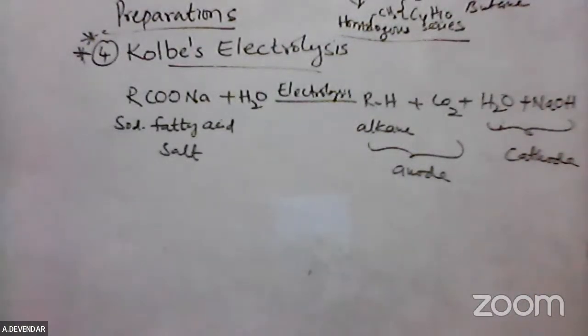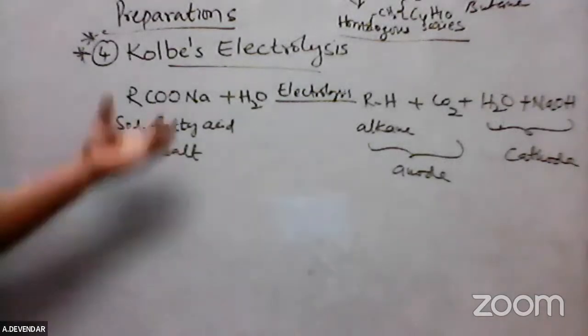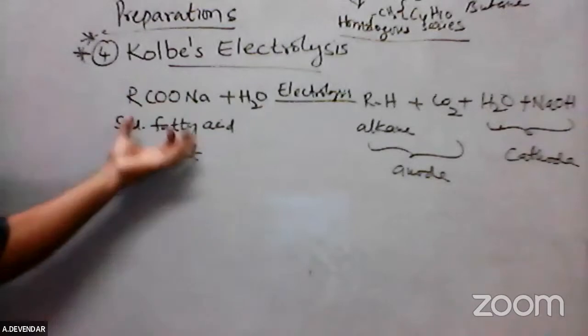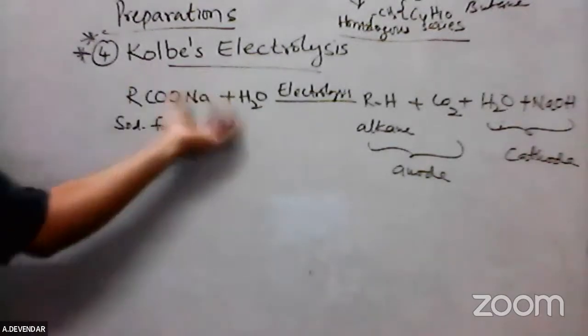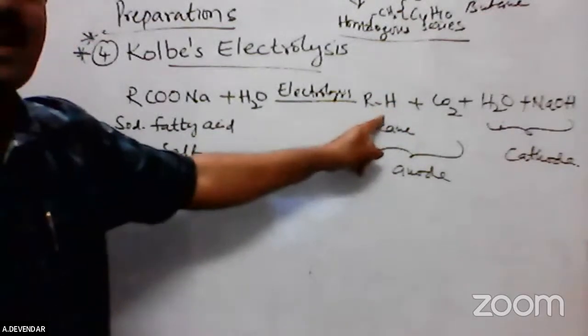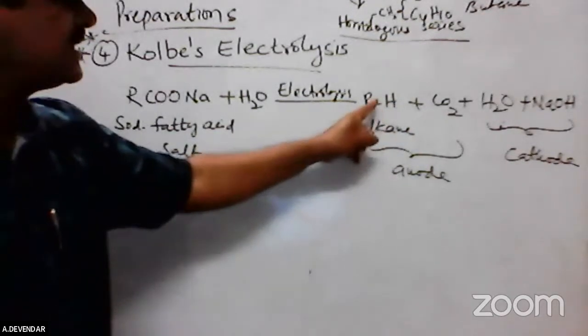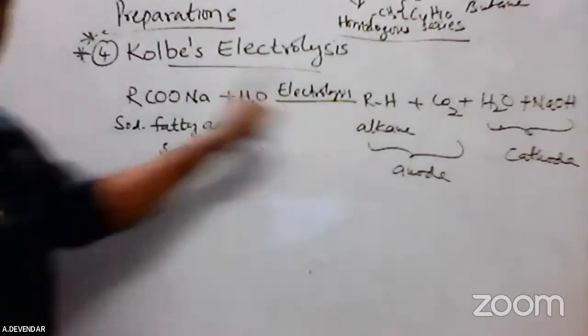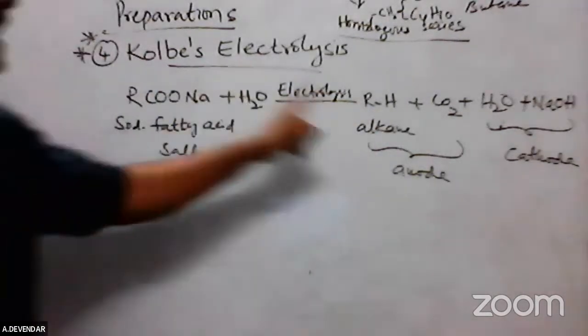During Kolbe electrolysis, the sodium salts of monocarboxylic acids give simple alkanes. If R is CH3, you get methane; if R is ethyl, we get ethane.